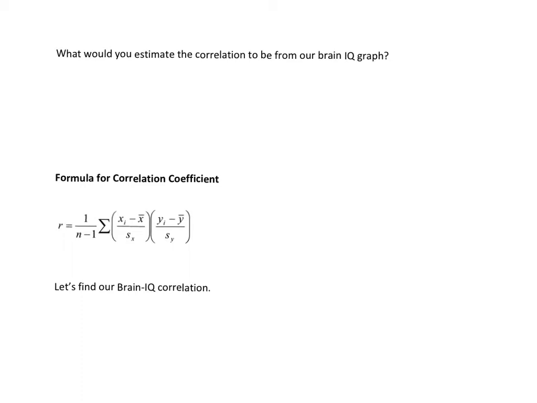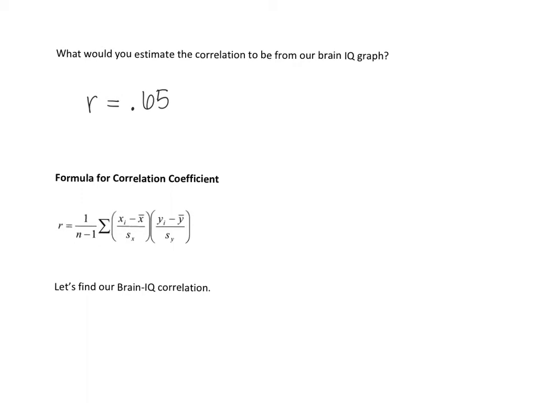So if I'm going to estimate my correlation, it is going to be positive. I'm going to say 0.65. Based on the line I drew, it looked pretty strong, but that doesn't mean mathematically it actually is. And that's what we're going to talk about next: how to actually calculate the correlation coefficient.